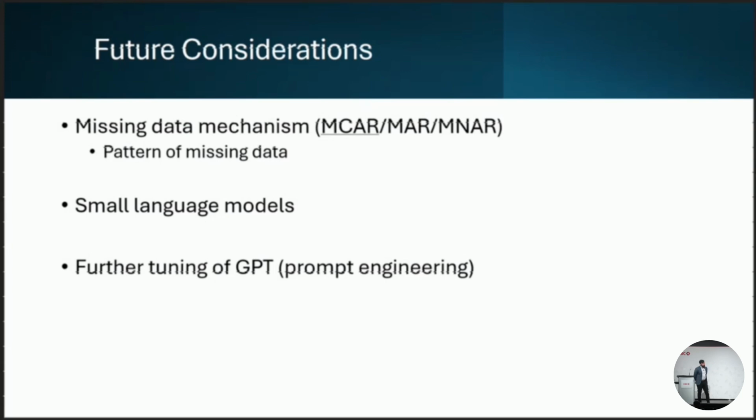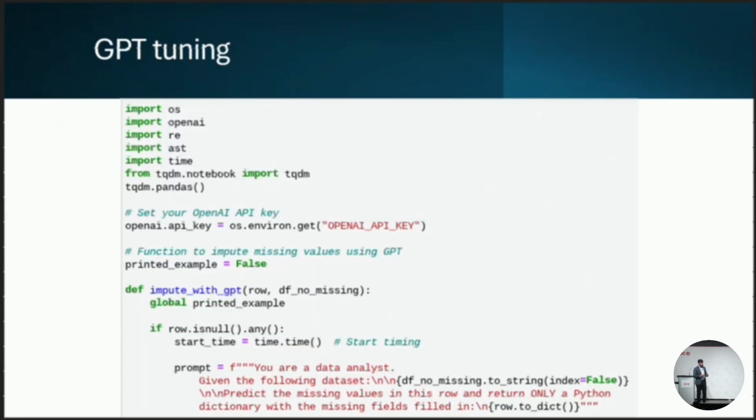And then I wanted to leave it as the last thing to talk about, because it's such a big thing in our field: prompt engineering for the GPT model itself. Further tuning of that, is that going to help us? Here's maybe a snippet of my code. I pull in libraries, set my API key, and then create a function to impute with GPT.